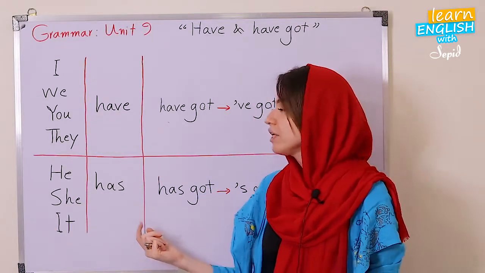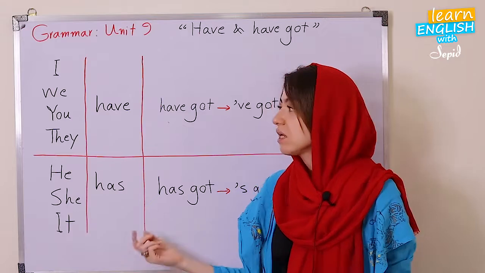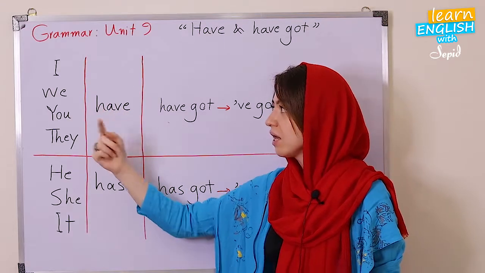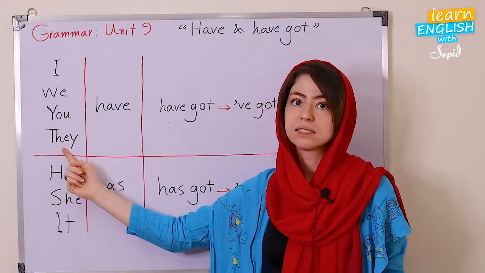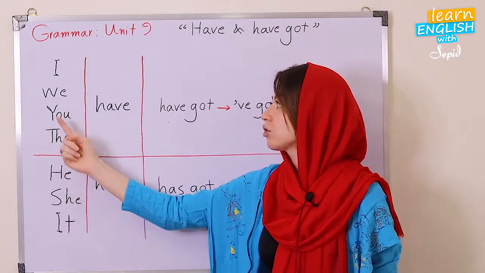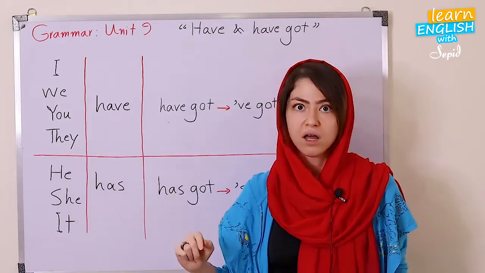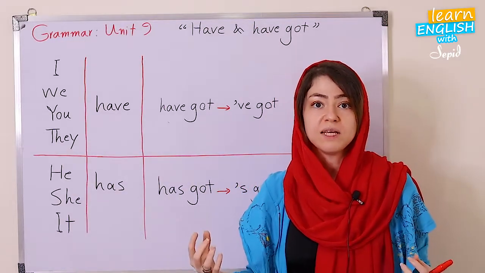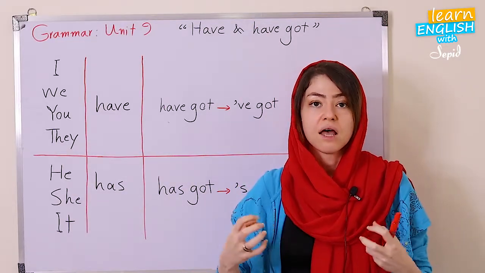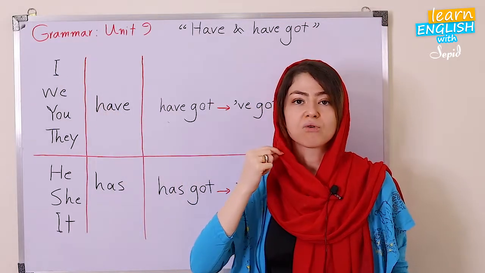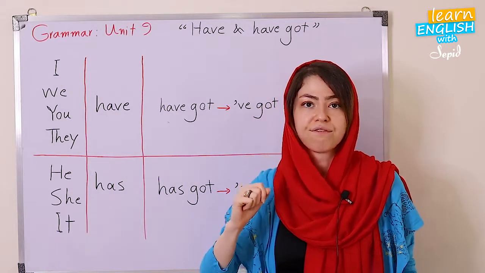Now, according to these subject pronouns, if we want to bring have, we need these subject pronouns. So I have, we have, you have, they have. It means they possess. For instance, I have a red scarf.